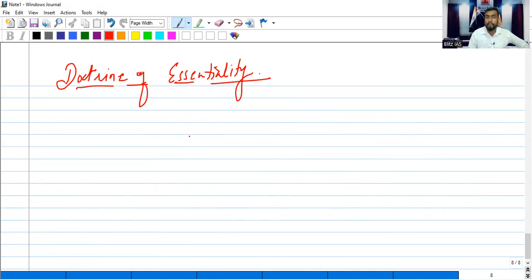Essential, something which is very important. See what the Supreme Court is saying: if there is any practice in any religion and it is very important for that religion, government should not touch that practice, should not curb that practice, should not stop that practice.